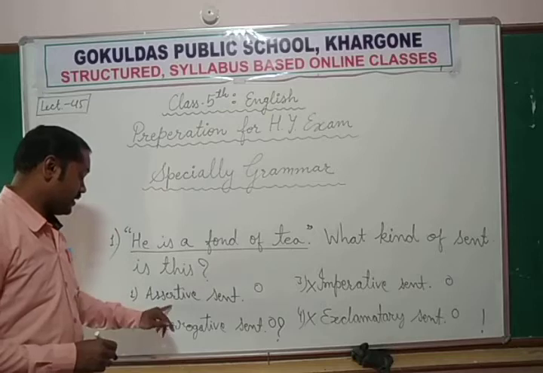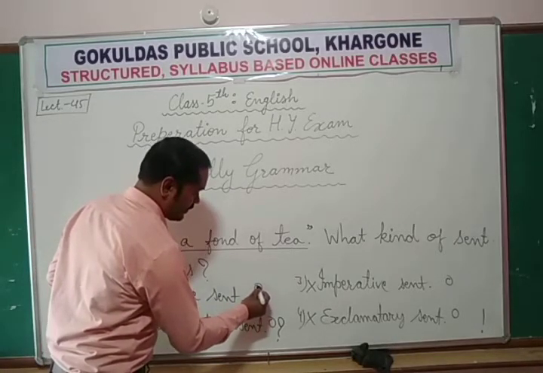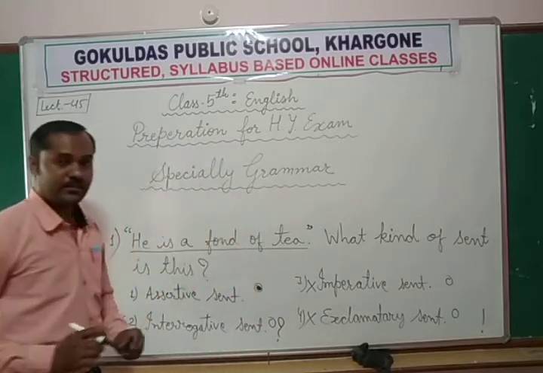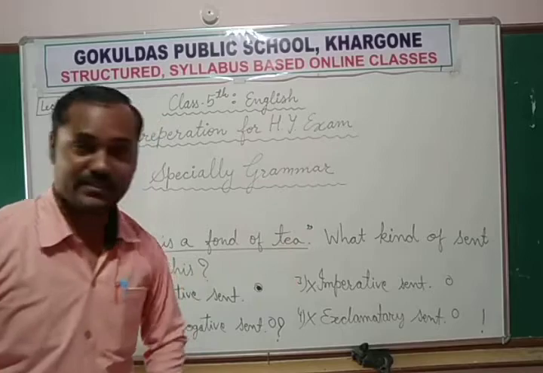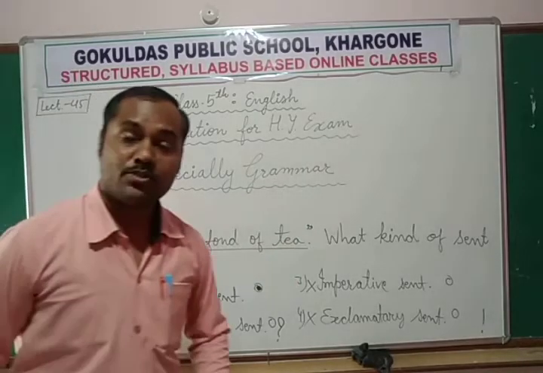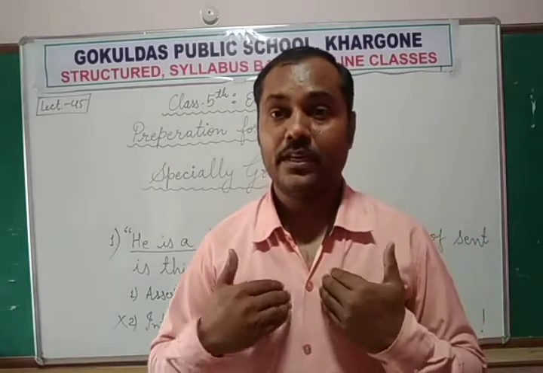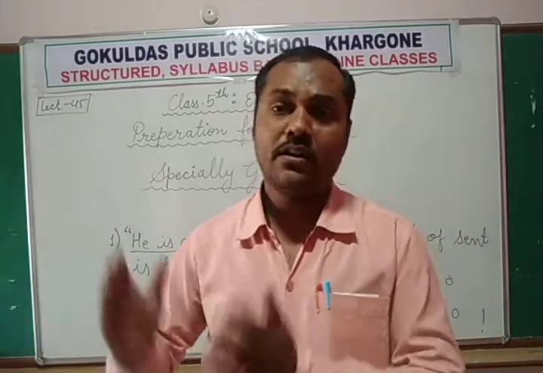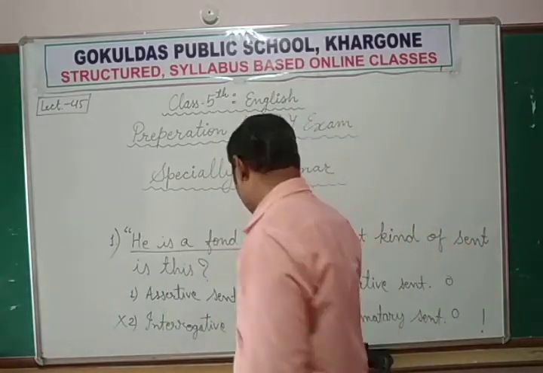So what is my correct answer is this. I will tick this correct answer: this is an assertive sentence. Like that, any question can be made by me in the form of fill in the blanks or in the form of MCQ.